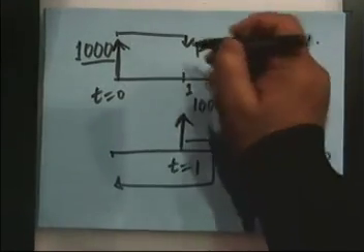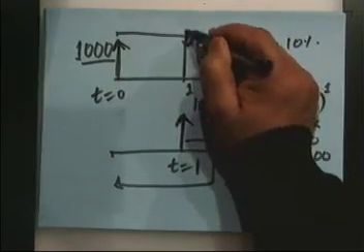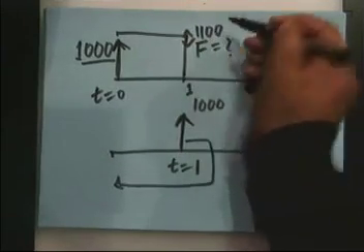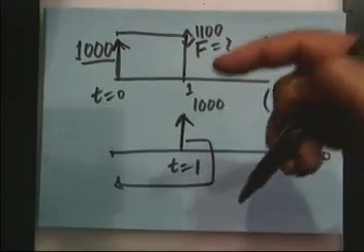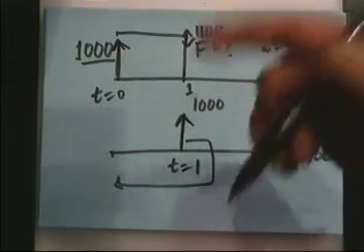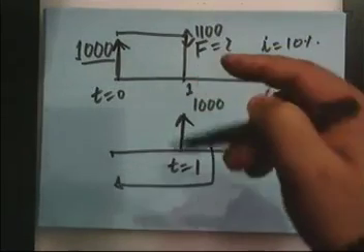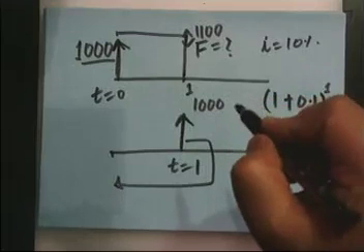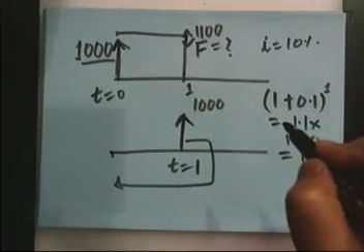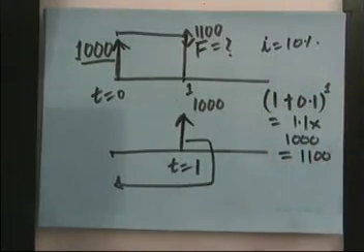Now, once I have got this 1100 at this point and 1000 rupees at the same point, I can add them. So, the net value of these two receipts is rupees 2100 at the end of year 1. Now, it is possible to add them algebraically. Why? Because both are at the same point of time.